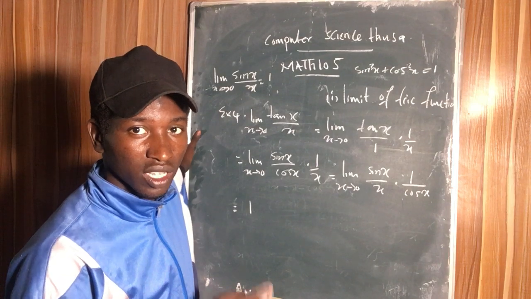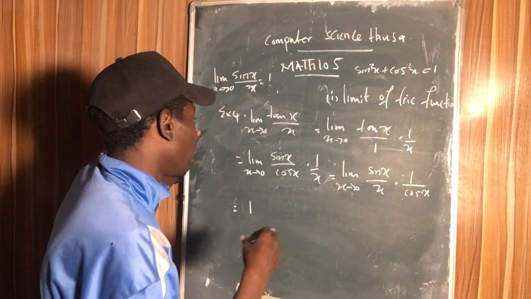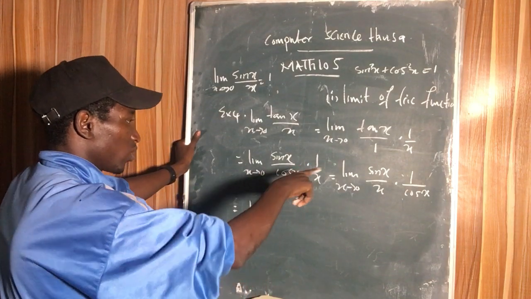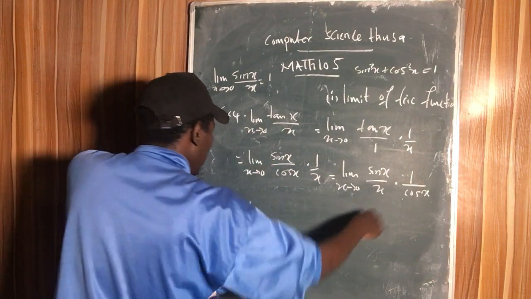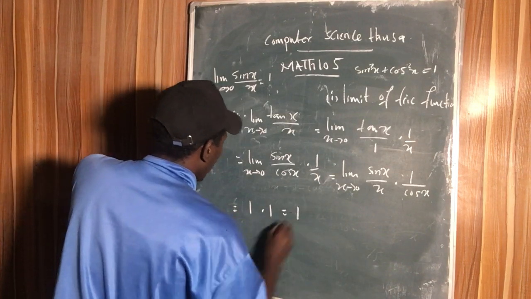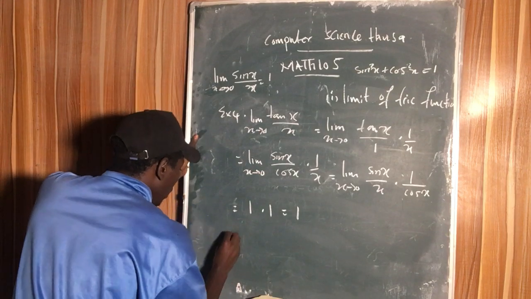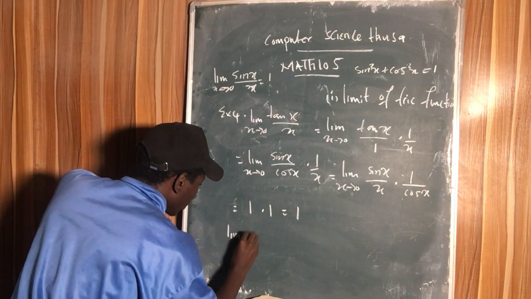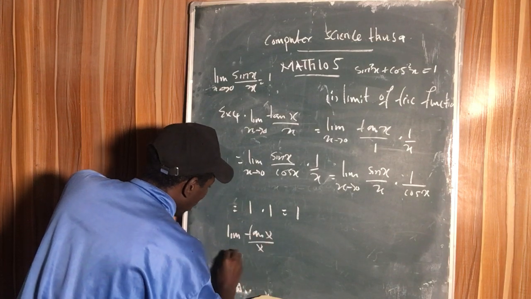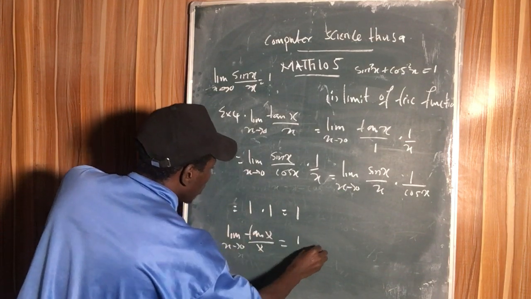The sin 0 is not 1 but cos 0 is, because cos is the x-axis. So here we have 1 divided by 1, which is 1. So times 1 is equal to 1. That means the limit of tan x all over x as x tends to 0 is equal to 1.